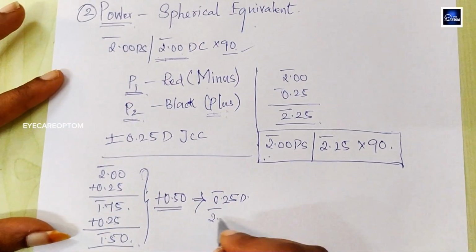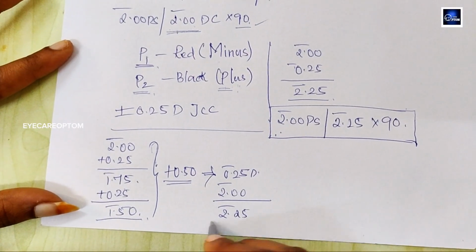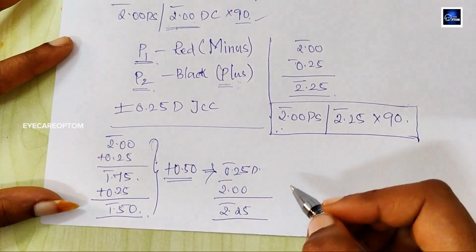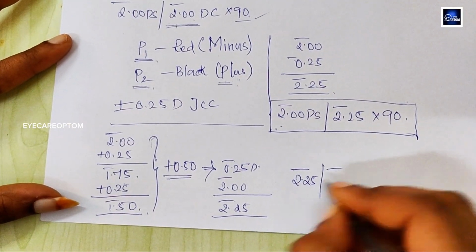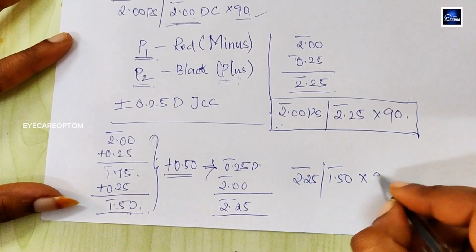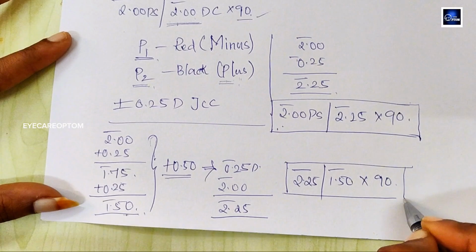Let's add minus 0.25 diopter. So its total is going to be minus 2.25 diopter. This is my new sphere. So my final prescription is going to be minus 2.25 diopter sphere with minus 1.5 diopter cylinder at 90.